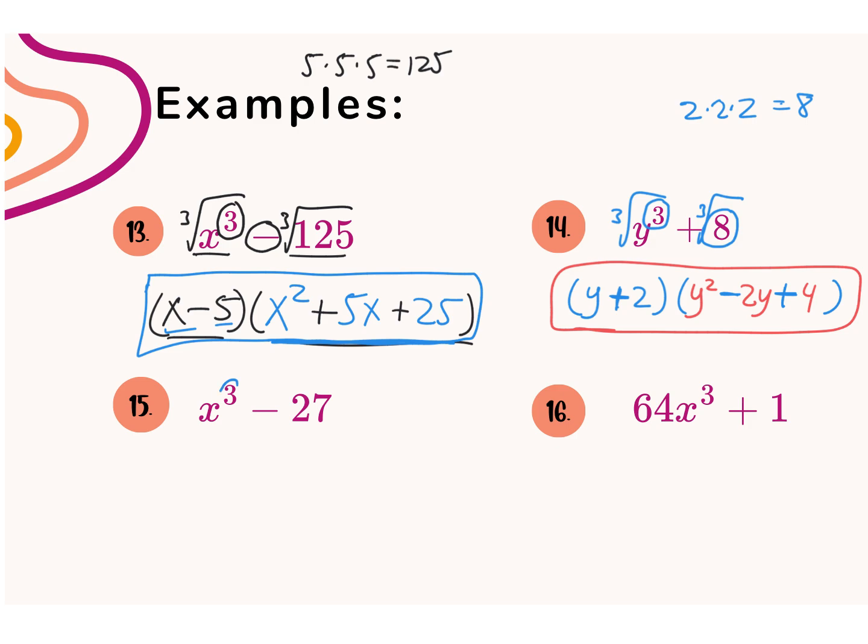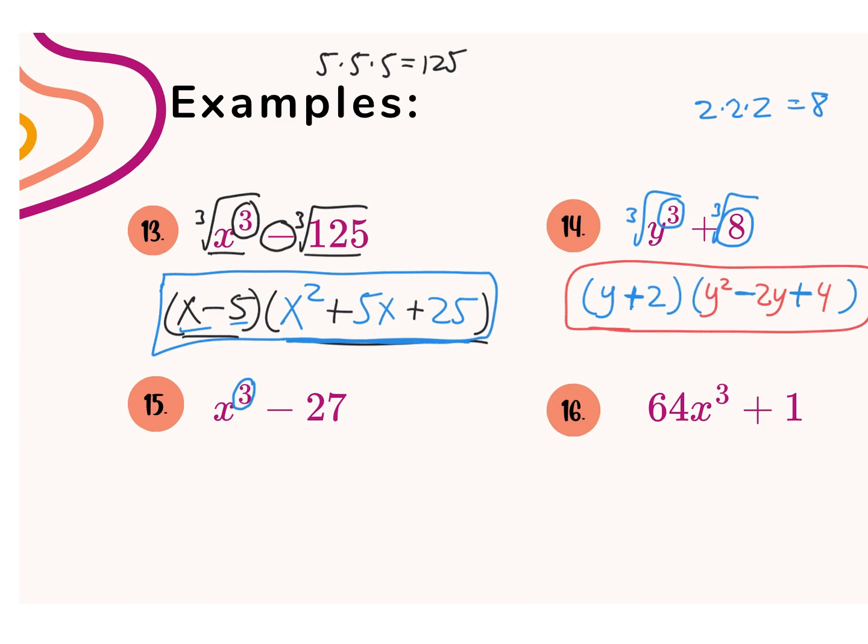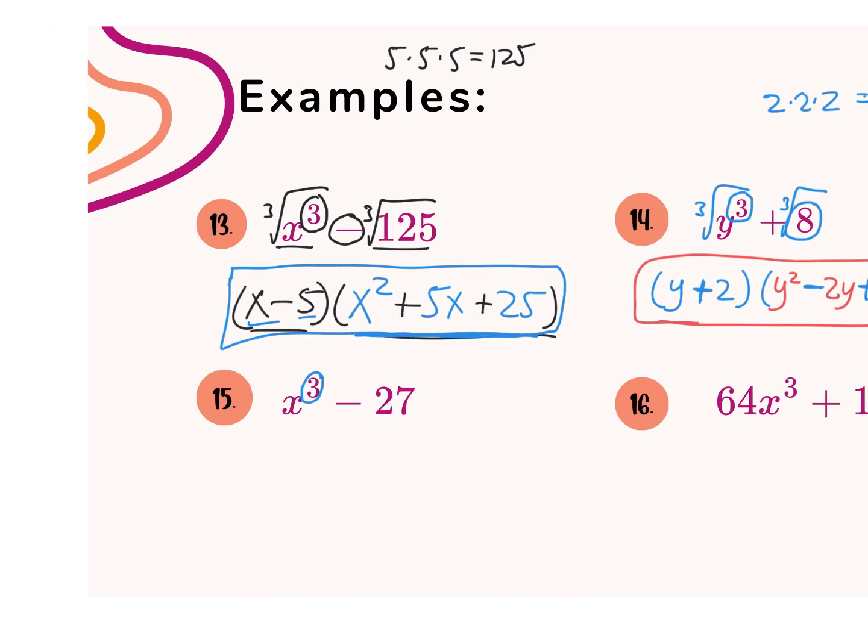All right. X to the third is a perfect cube. And then 27 is a perfect cube as well, right? 3 times 3 times 3 gets you 27. So cube root of the first, cube root of the second. You can fill in your binomial and your trinomial if you'd like. There's a minus in between, so it's going to be the same sign, the opposite sign, and always plus.